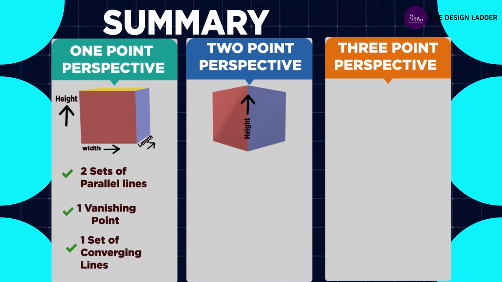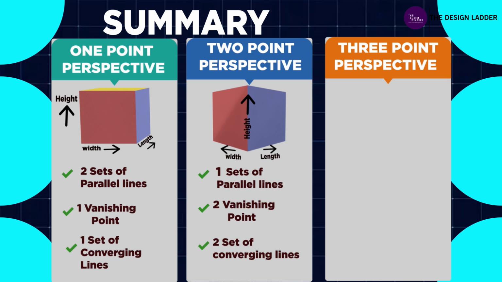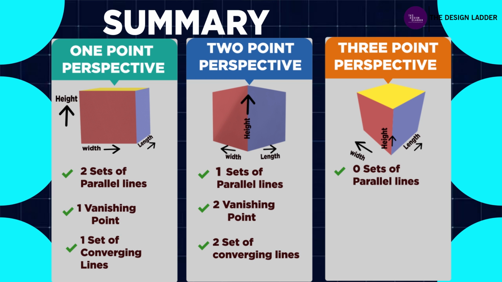So since the heights are parallel, we have 1 set of parallel lines and length and width are converging. So that means 2 sets of converging lines. In 3-point perspective, we again have no side facing the viewer, only an edge facing the viewer, but the side edges are not parallel to the central edge. So it has 0 sets of parallel lines and 3 sets of converging lines and 3 vanishing points.